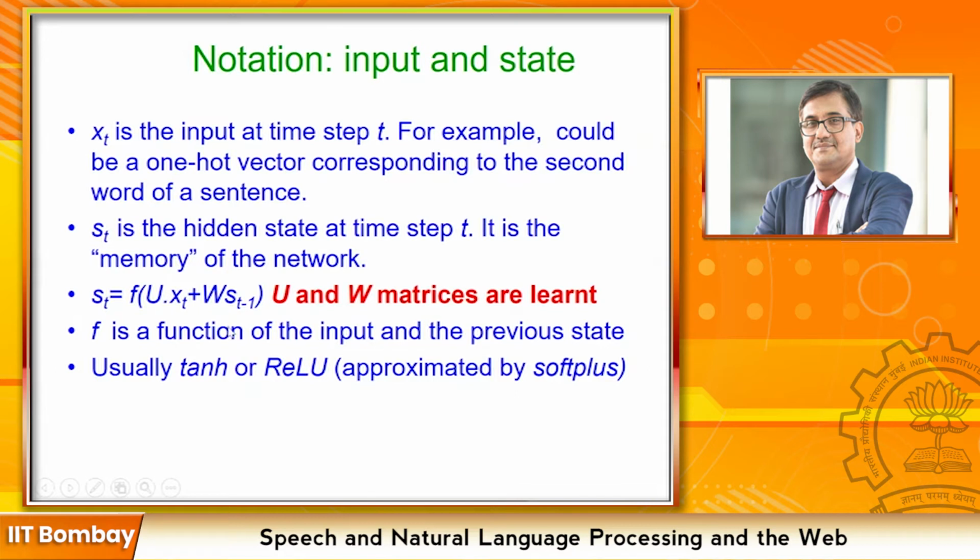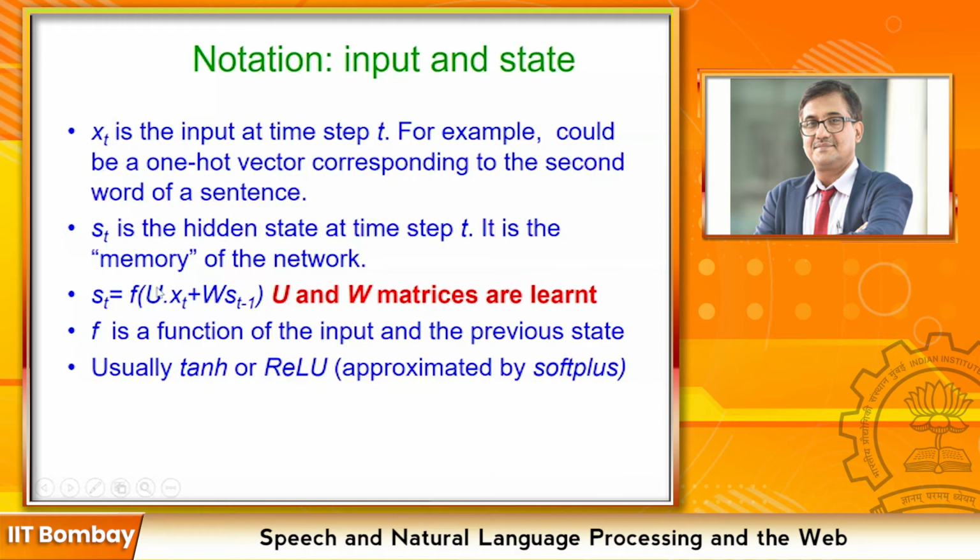And st is a function of U into xt plus W into st minus 1, where st minus 1 is the state at t minus 1, and xt is the input vector at time t, maybe the word vector of the word purchased, and U is a matrix which multiplies this xt. The function is some kind of non-linearity, maybe sigmoid or ReLU or tanh, which gives you the next state.